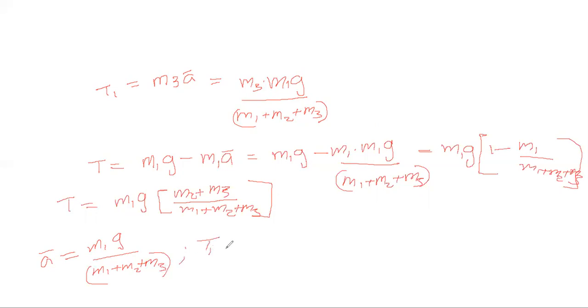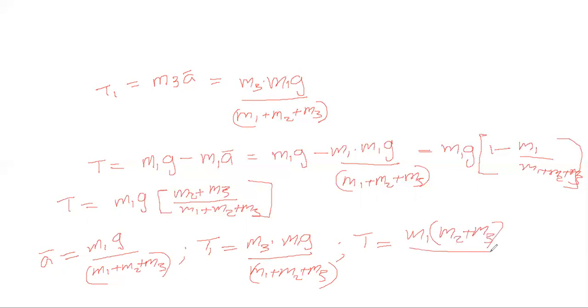The expression for T1 is equal to m3 times m1g divided by m1 plus m2 plus m3, and the expression for tension T is equal to m1 times m2 plus m3 divided by m1 plus m2 plus m3 times g. So we have solved this problem.